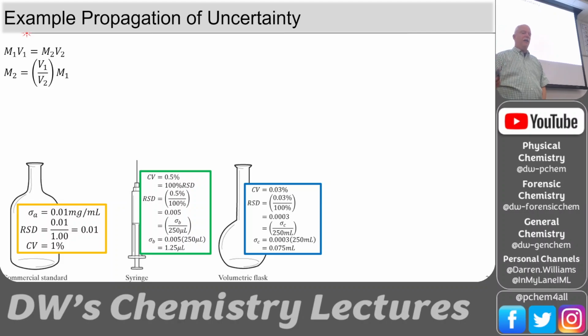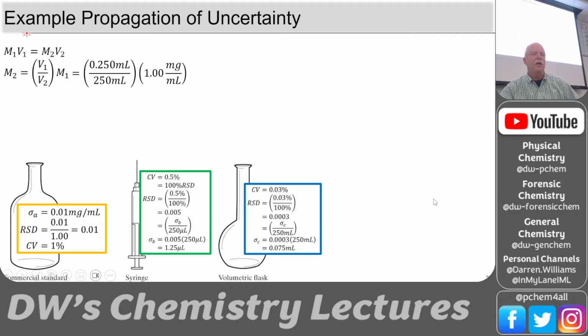So now let's calculate our stock solution. So here's our M1V1 equals M2V2, our dilution equation. So here's our pieces, our two volumes. The 0.25, that should be micro. Oh no, it was 250 microliters, so that's 0.25.